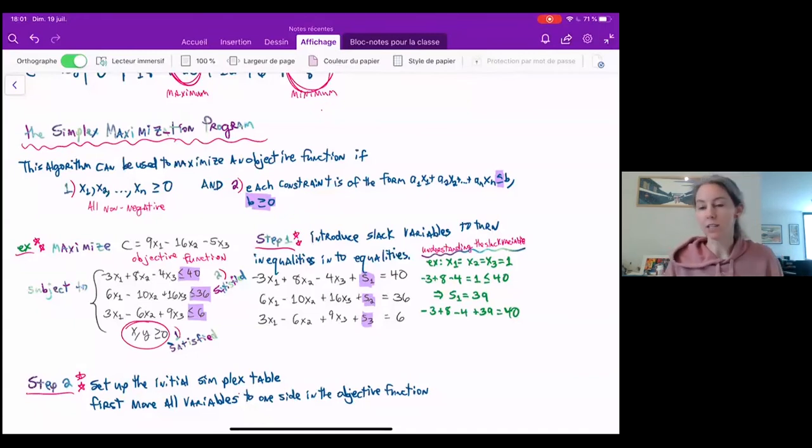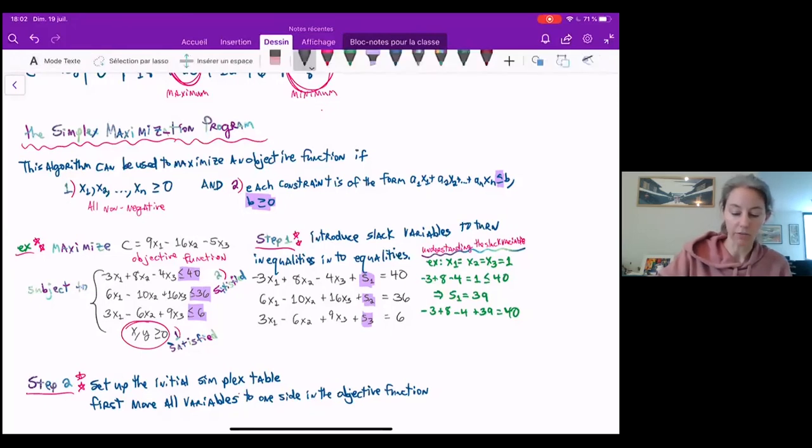We'll notice the objective function is not of the form with all of the variables on one side and just the constant on the other. So when we're setting up the initial simplex table, the first thing that we want to do is move all variables to one side in the objective function. So what I'm going to have here is c minus 9x1 plus 16x2 plus 5x3 is equal to 0.